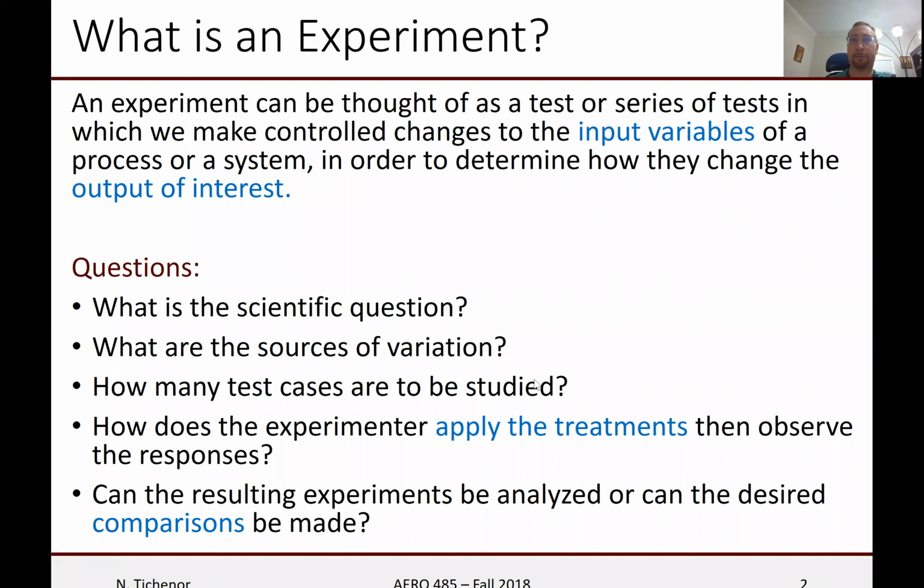First things first, what do we mean by an experiment? An experiment is basically a relationship between two things: input variables and our desire to relate them to some output variables, which is of interest to us.